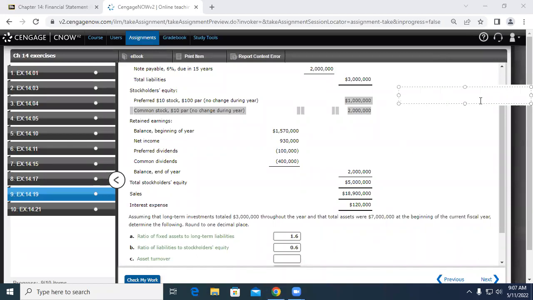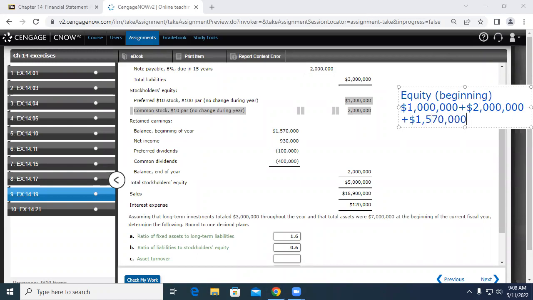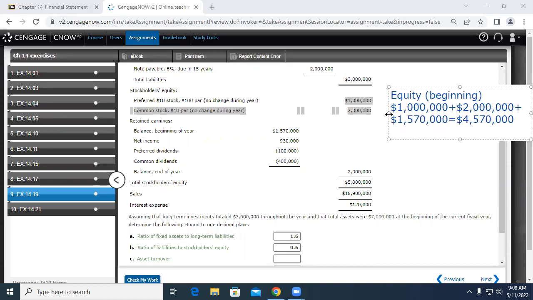To find our equity at the beginning of the year, it would be the 1 million in preferred stock plus the 2 million for common stock, because we're told those did not change during the year, plus the retained earnings balance from the beginning of the year. So that would be $4,570,000. So there's our equity at the beginning of the year.